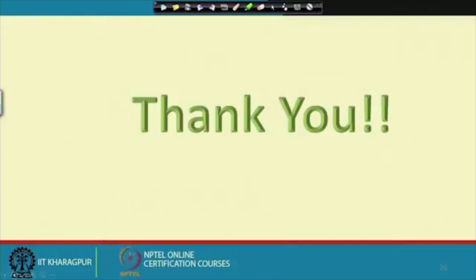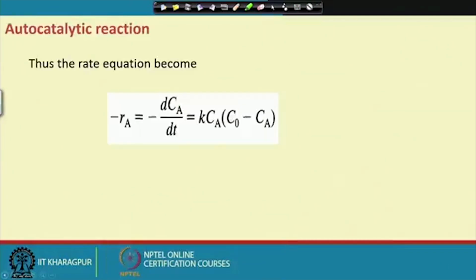So this expression we can write in this form, the final expression. Cr equals C0 minus Ca. So by this we can express the rate of substrate conversion like this.